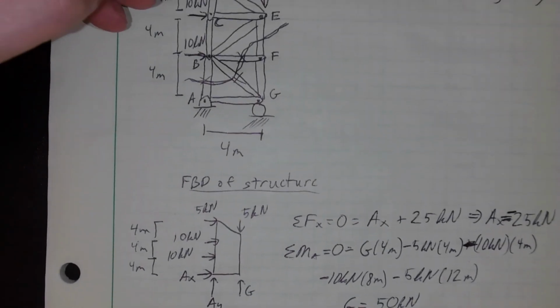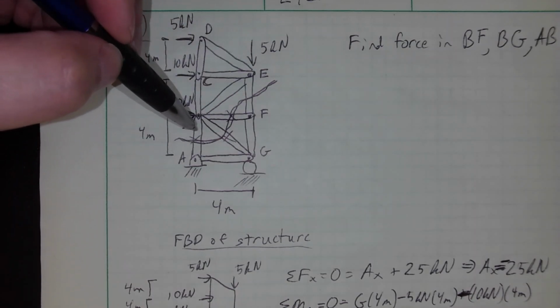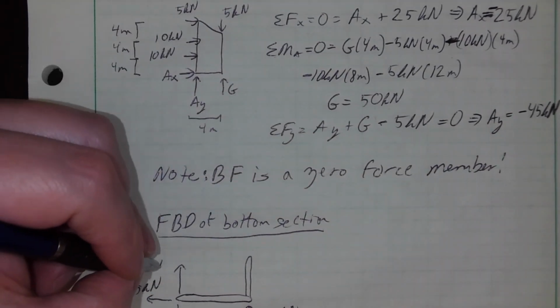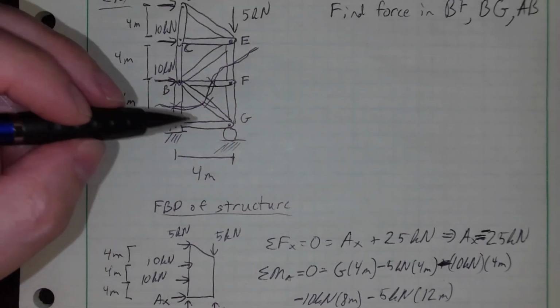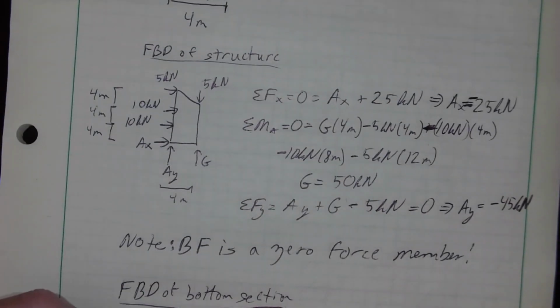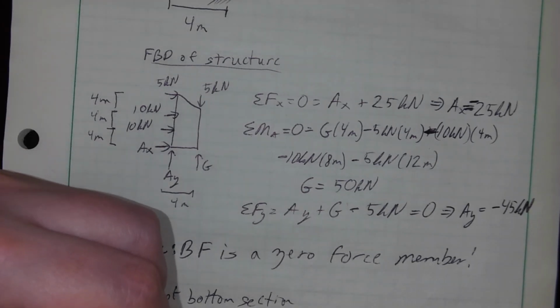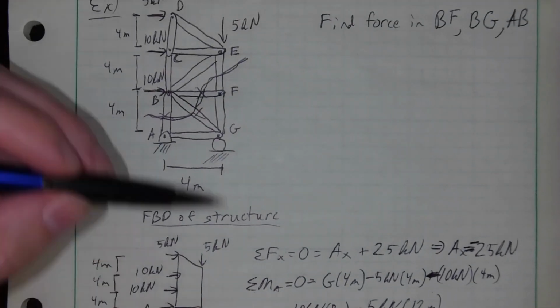Again, I've cut through these members, so I've exposed their internal forces. I have an internal force AB. I'm going to draw it in tension. I have an internal force in BG here, that's BC, BG. I have an internal force BF.